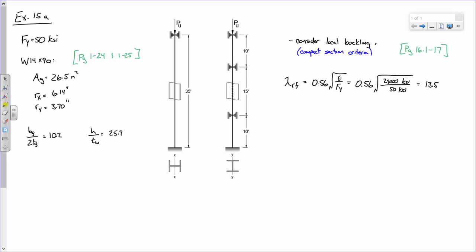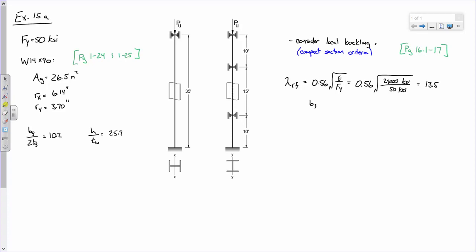Now, let me explain how this works. Let's just talk about slenderness in general. The larger the value, the more flimsy the shape, right? Now, what this is telling us is that if your flange gets more slender than that, you've got local buckling problems.